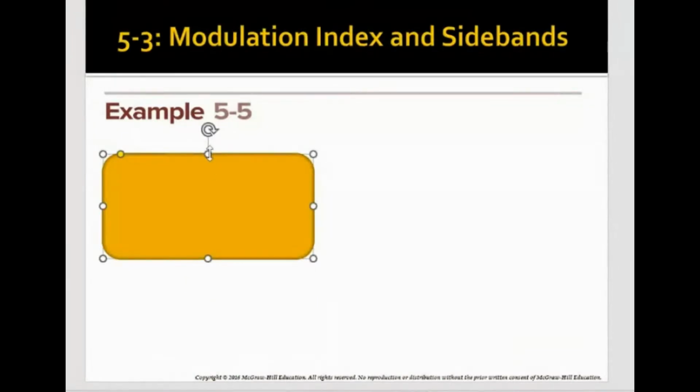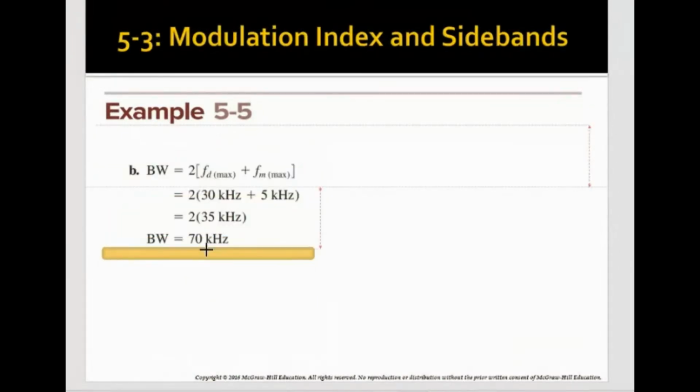For the second method, we use Carson's rule, which is not related to the Bessel function table. We just use the maximum deviation of the carrier frequency plus the maximum frequency of your message signal, which is 30 plus 5 kilohertz, becoming 35, times 2 is 70 kilohertz.